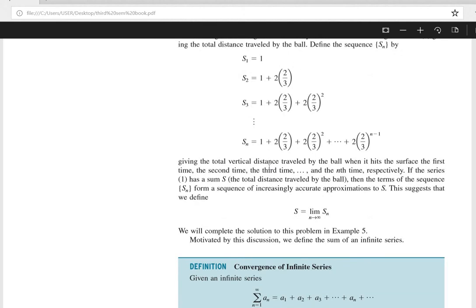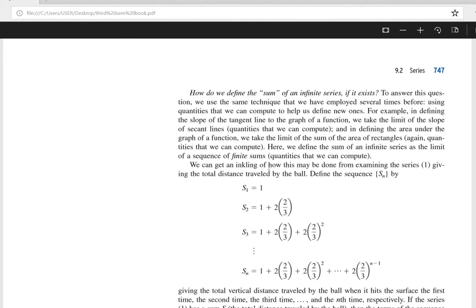so, with an example, what do we mean by the sum of the infinite series? Sum of each term. The first term is 1. The sum of the two terms, S2, is 1 plus 2 into 2 by 3. The sum of three terms, S3, is 1 plus 2 into 2 by 3 plus 2 into (2 by 3) whole square.